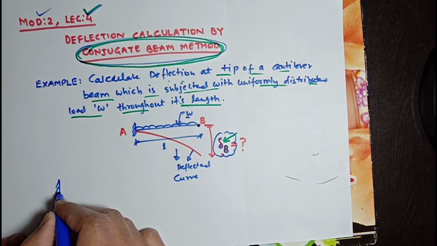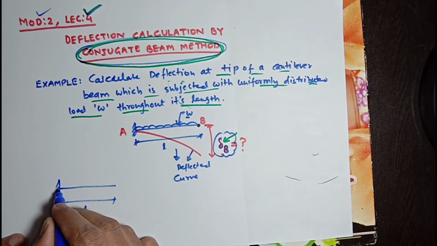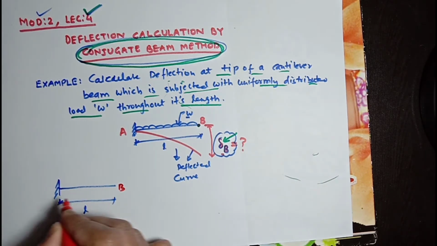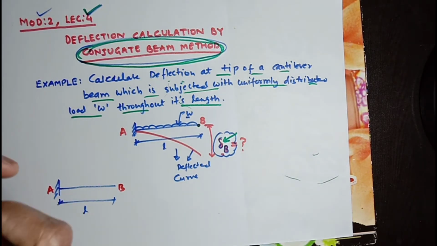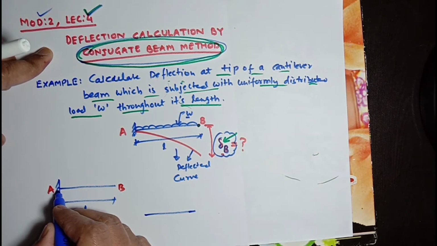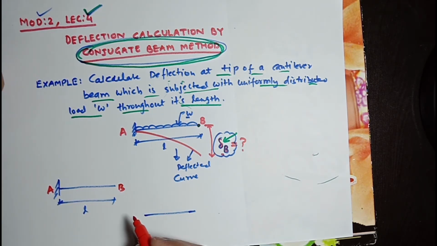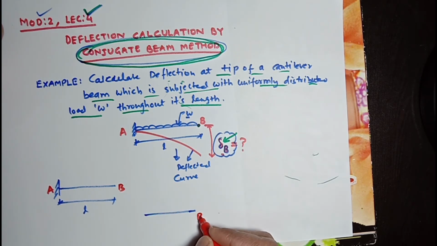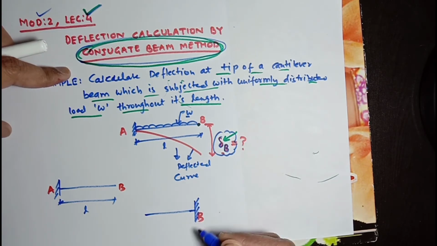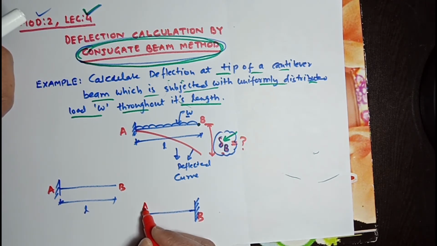Suppose this is a real beam of length L, with a fixed support here, free end B and fixed end A. Its corresponding conjugate beam will have the free end become a fixed support, and the fixed end of the real beam will become a free end.